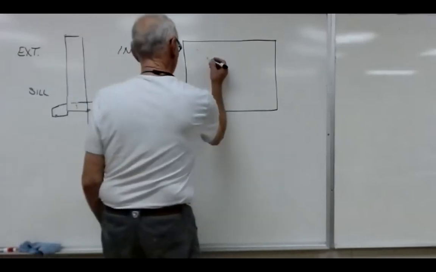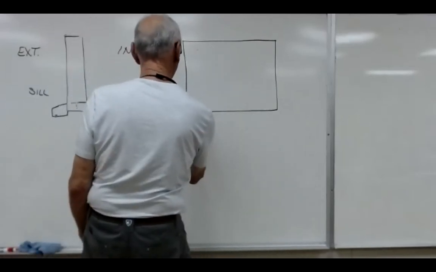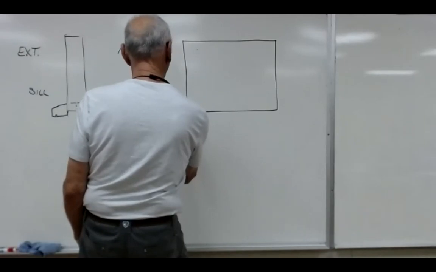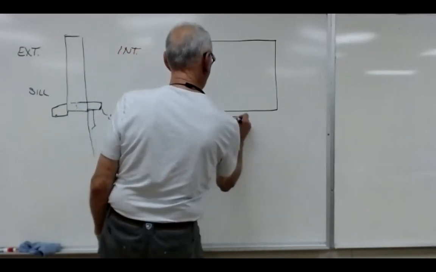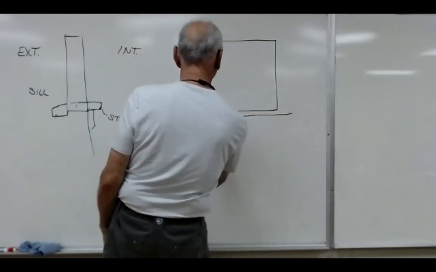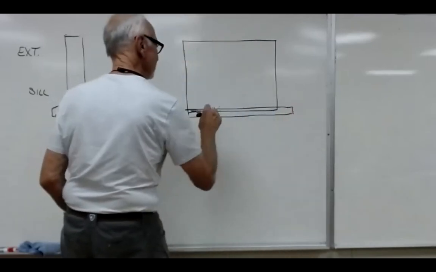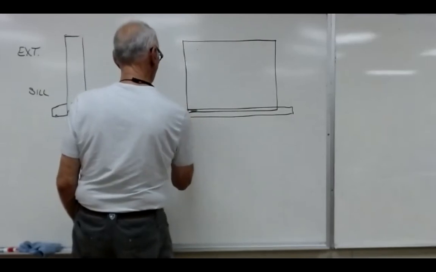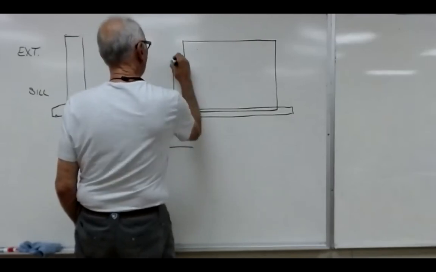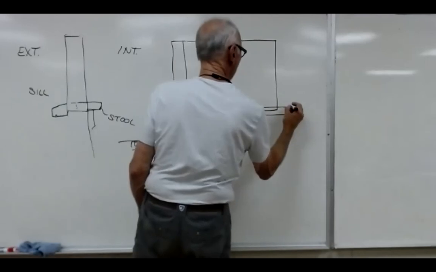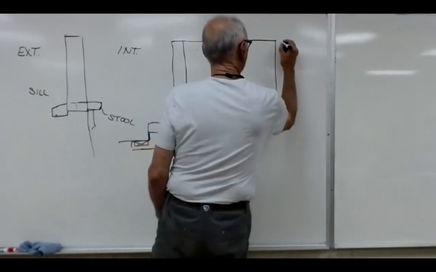Now, from the front, here's your window. Here's your stool, which I like with a 1/2 inch reveal. Your stool is a 1/2 inch beyond your trim. Here's the leg of your trim, leg of your trim.